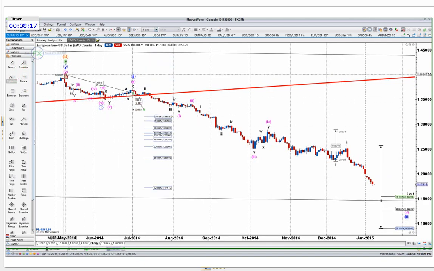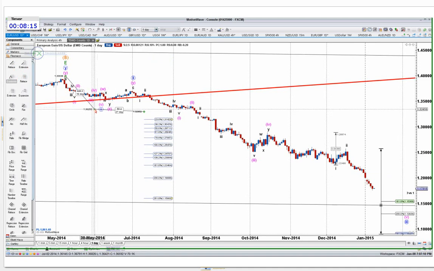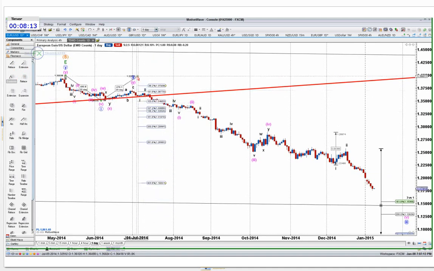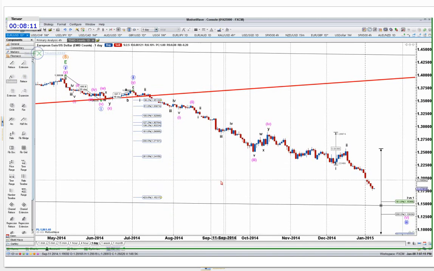Okay, so what I've done was use the Fibonacci tool and run it against the blue circled one, and this is the wave 3 expansion. We haven't quite hit the 423.6% yet, but this would be one target, because we've already broken through the 261.8%. And notice what happened at this level. I'm going to draw a trend line to show you.